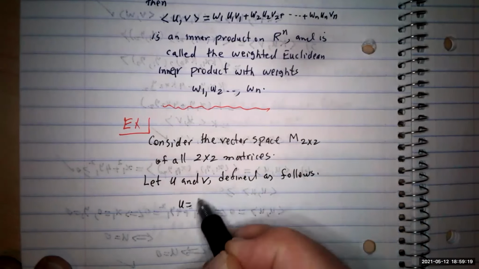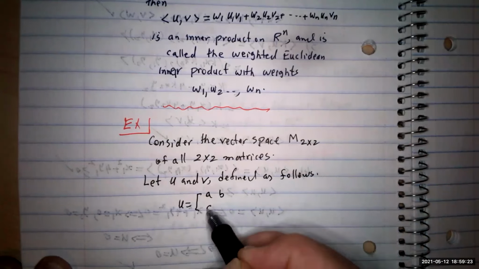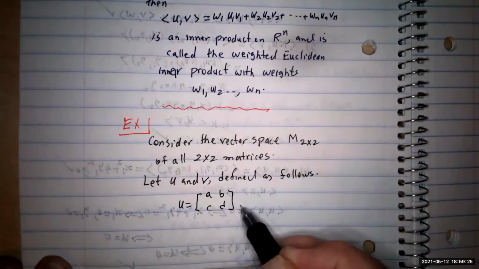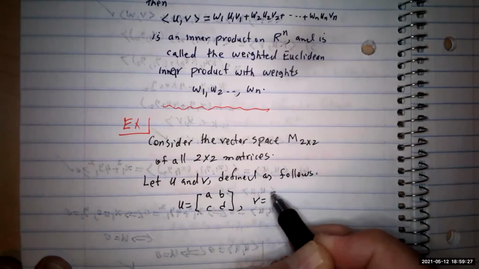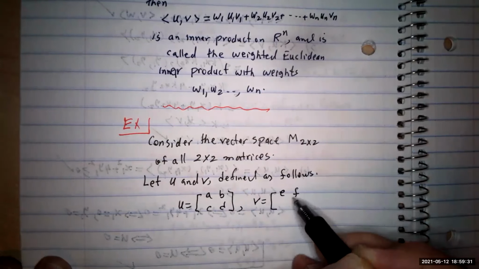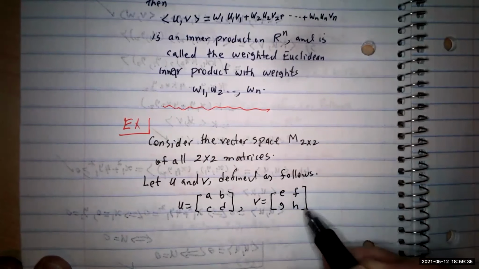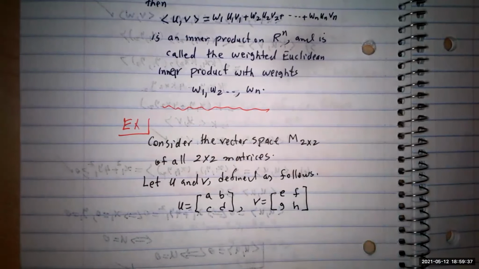The first one is U equal to A, B, C, D, and the second one is V equal to E, F, G, H. This is the definition of your vectors.